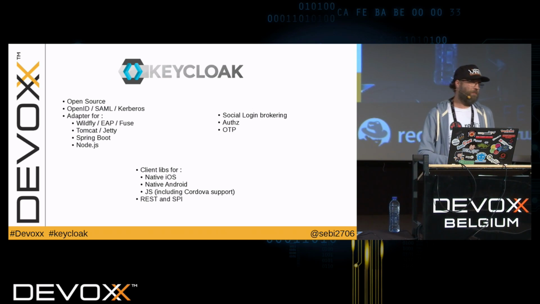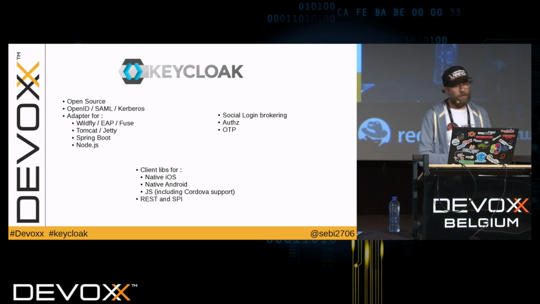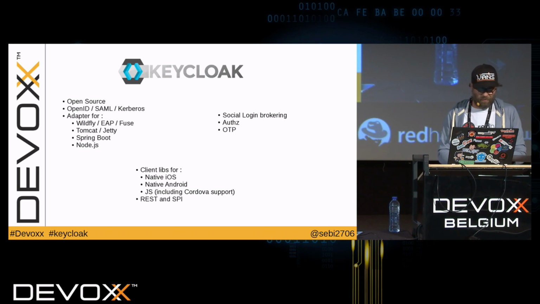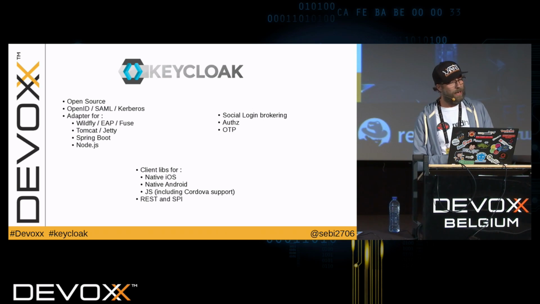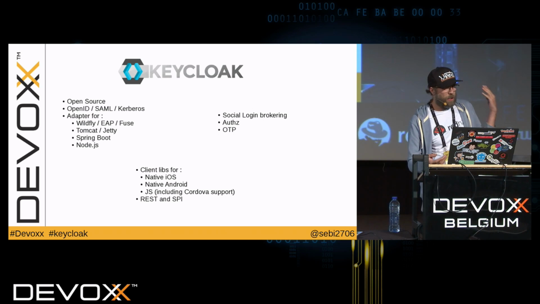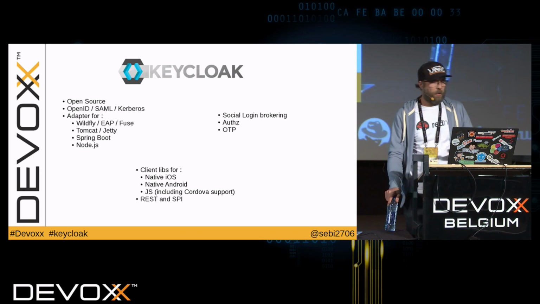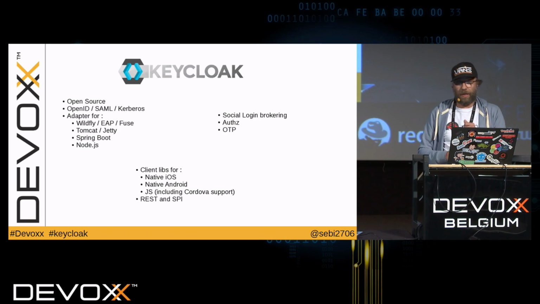And for more on the front end, we have a JavaScript library to protect your web apps. We have native libraries for the mobile clients for iOS and Android. And everything that I will show you is also accessible by REST endpoints, or you can extend with your SPI as well.